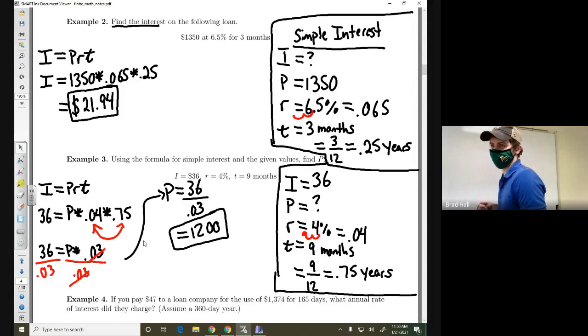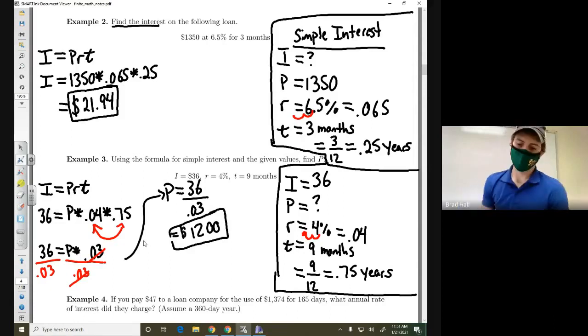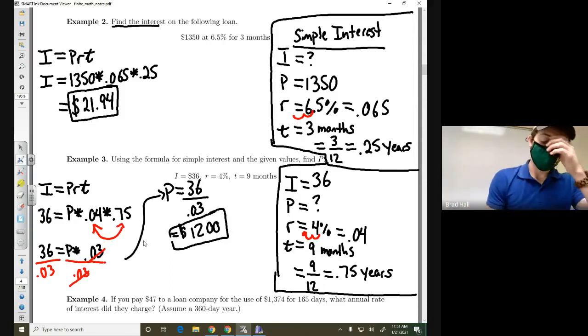It doesn't have sympathy like humans do, and so it won't make you put a dollar sign. You could put the dollar sign if you want it to look fancy, but you don't have to. I guess on my end I should put a dollar sign, but you really don't have to.